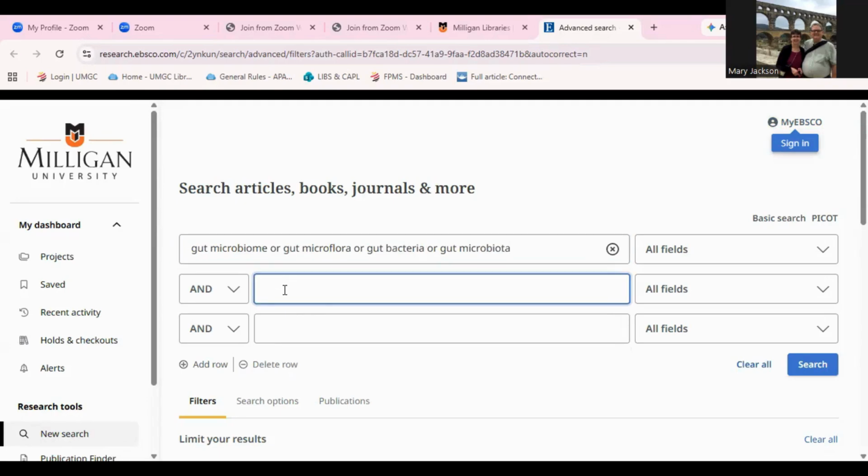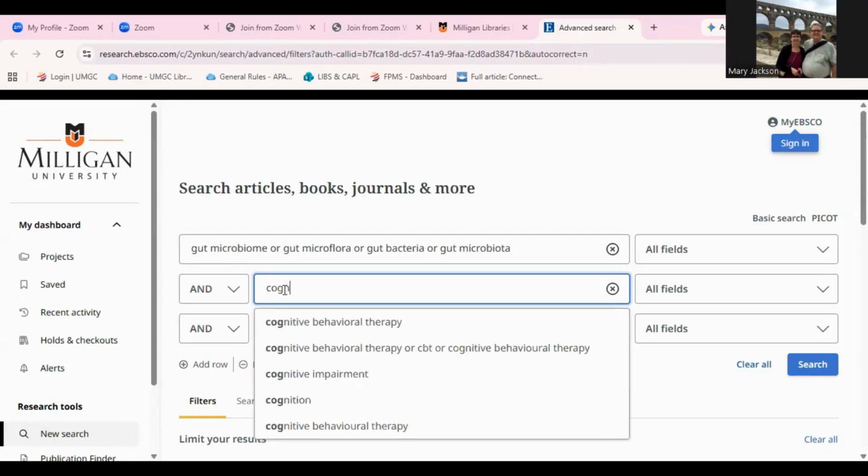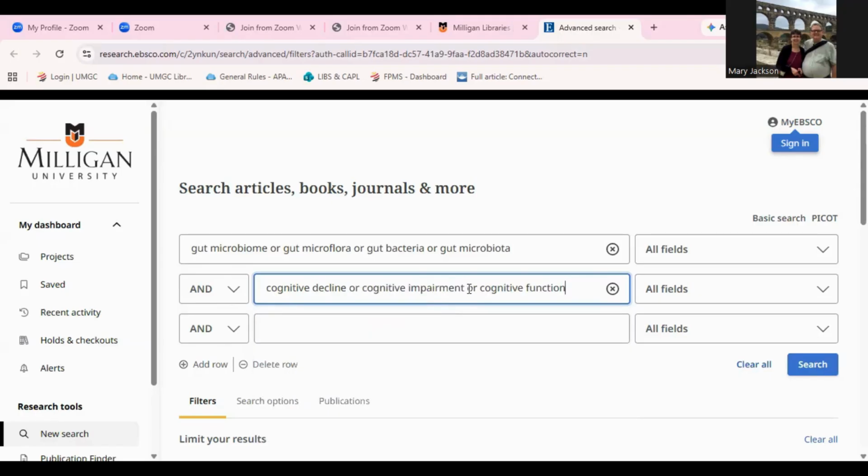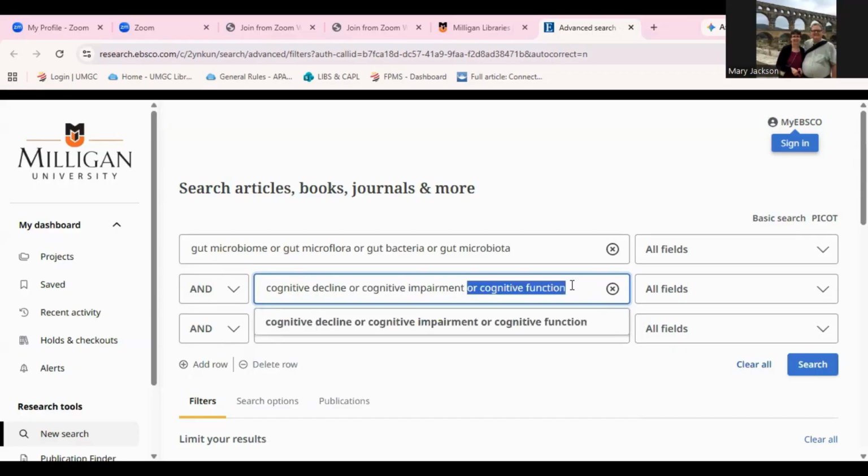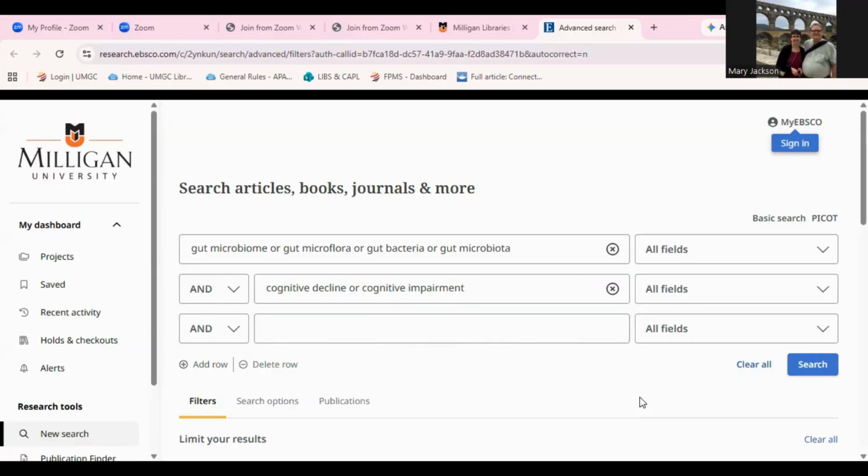Now I will pick what I'm most interested in, which is cognitive decline. And I look at these options. I like the first two. I don't like the third one because that's more general. I really want decline or something that's not working well. And at this point, I'm going to do a search right now to figure out how many search results I have.